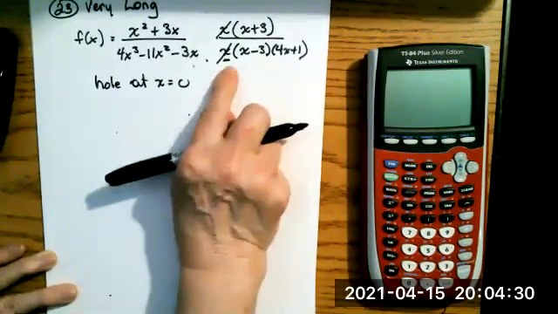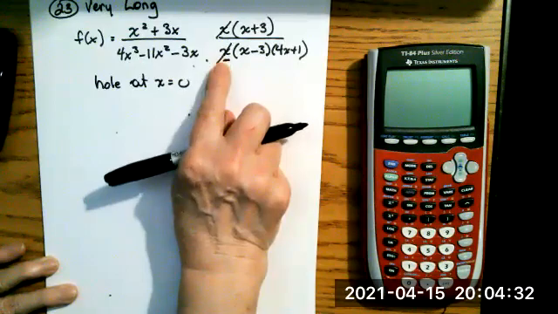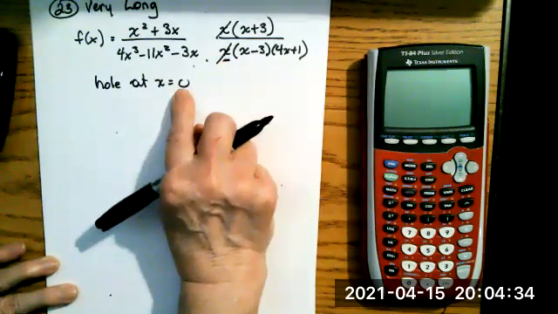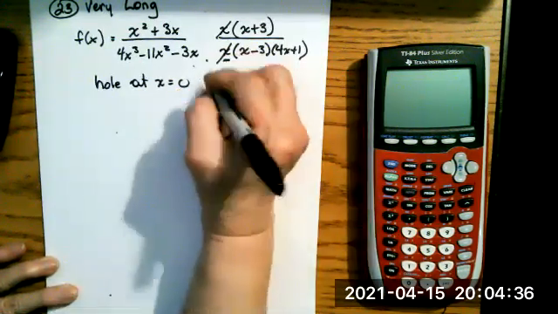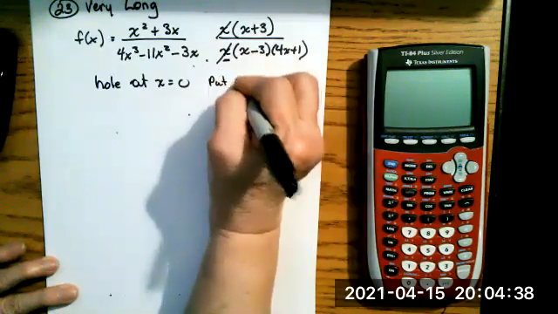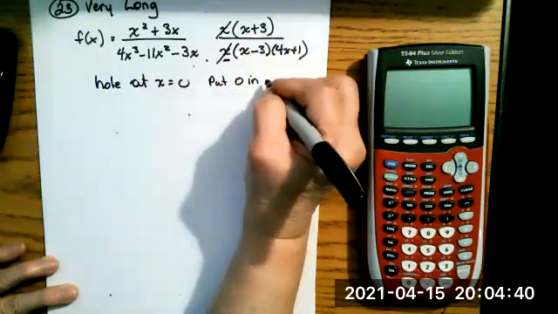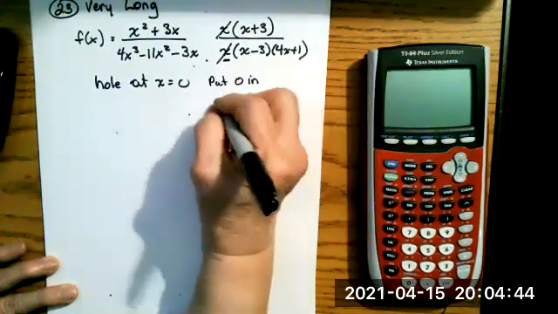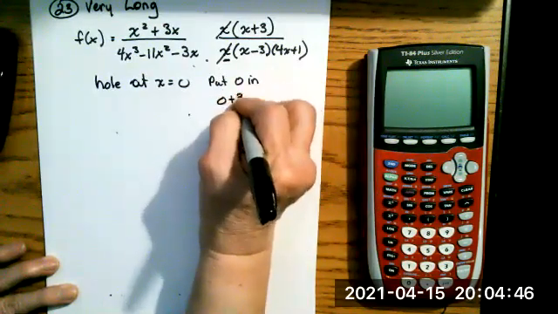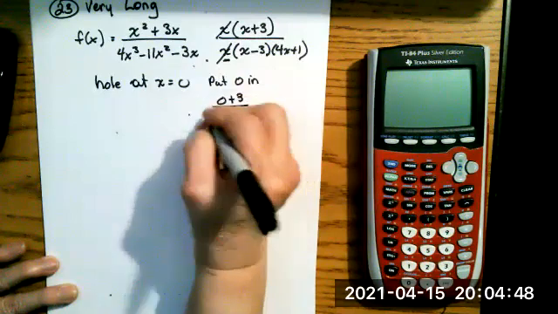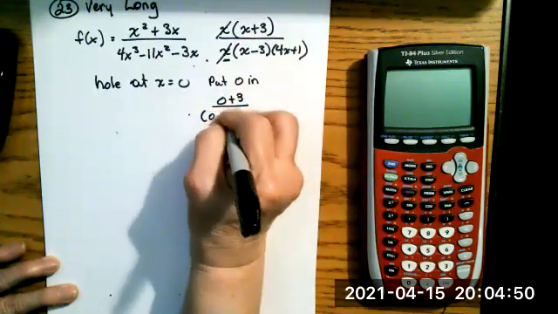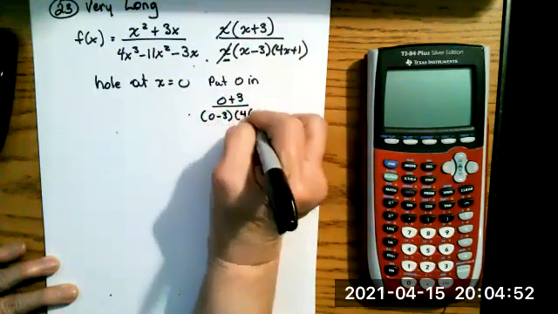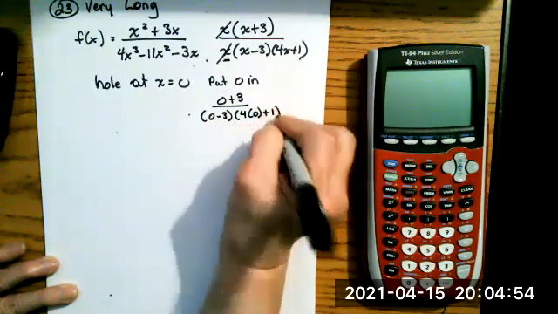Now, that doesn't affect my domain. My domain means that there's a hole that's going to be included there. But let's put the 0 in and see what the y value is of the hole. So I would have 0 plus 3 over 0 minus 3 and 4 times 0 plus 1.